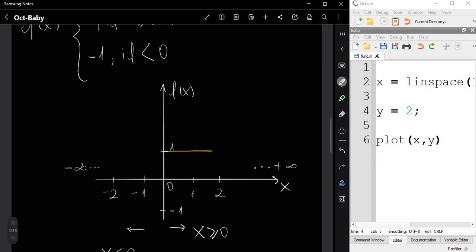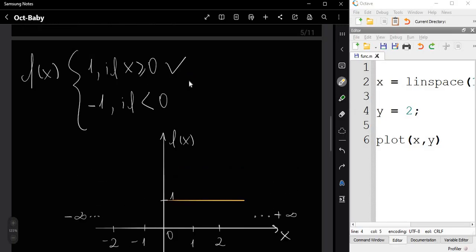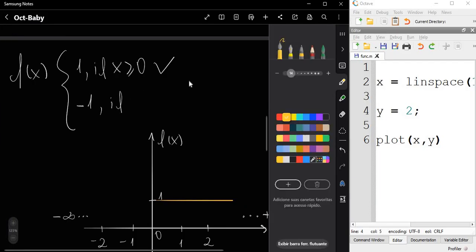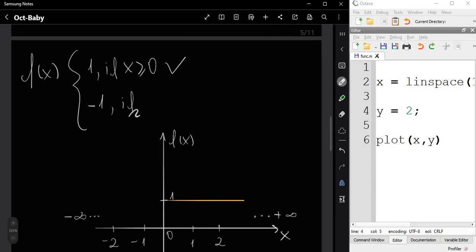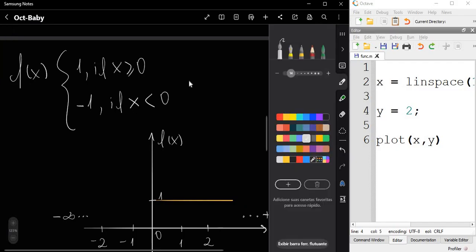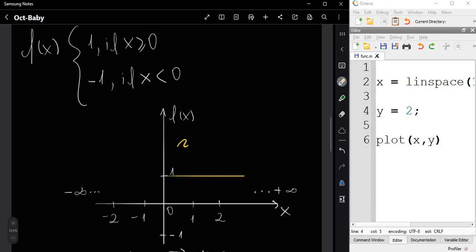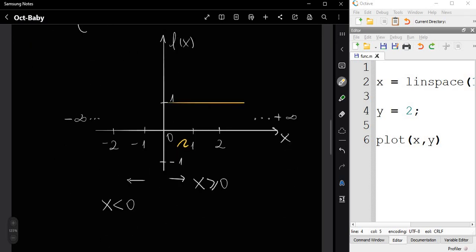So right here we got 1, and if x is less than 0, very sorry, so if x assumes values less than 0, the function will assume the value of -1.